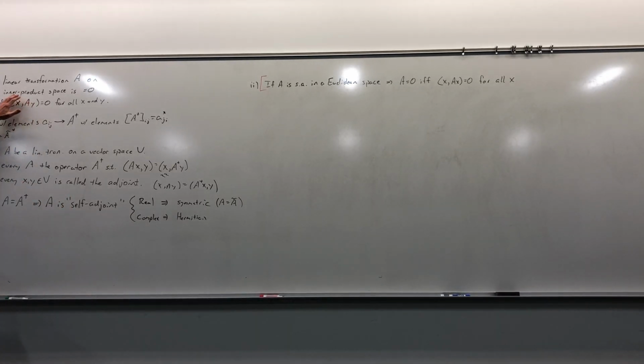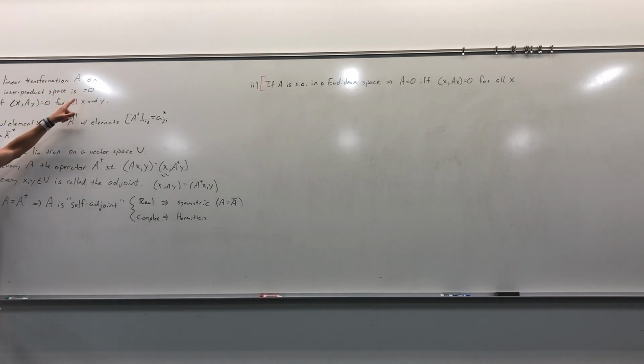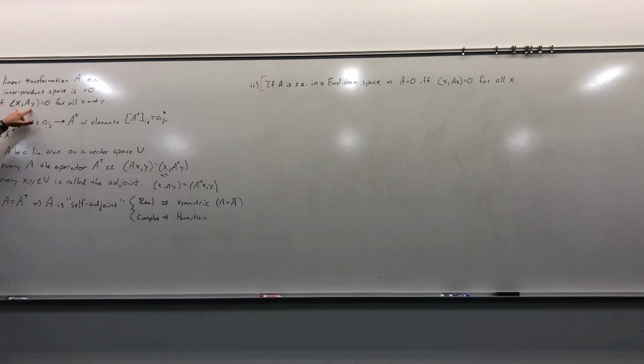And I wanted to argue that a transformation is 0 if this condition is 0, where I have to pair up every single possible pairing of those 100 elements. Every single possible pairing. Okay? That's very strong. That's a really complete condition for this thing to vanish. If every single pair of vectors gives you the same answer, then this is going to be 0.